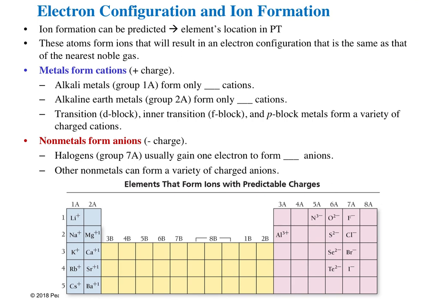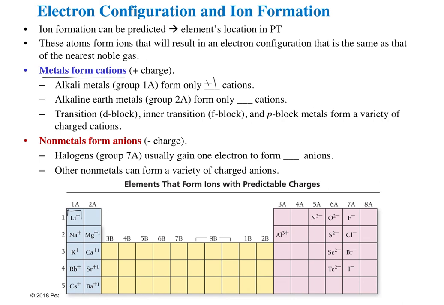The last thing we're going to talk about is how we can use the periodic table to predict the charge of an ion. Like I said, metals are going to lose electrons to form a positive charge. So our group 1 here, our alkali metals, have one extra electron, so they're going to lose it. So they're only going to form +1 cations.